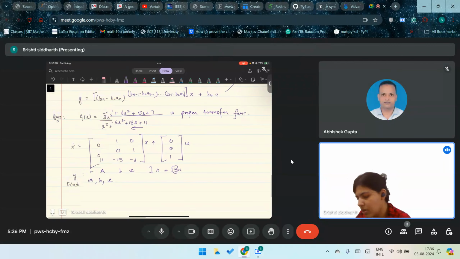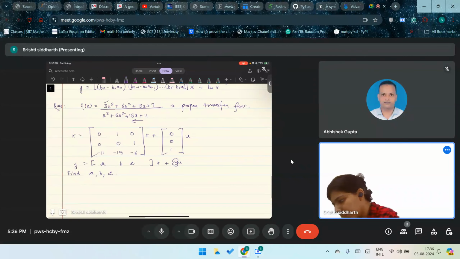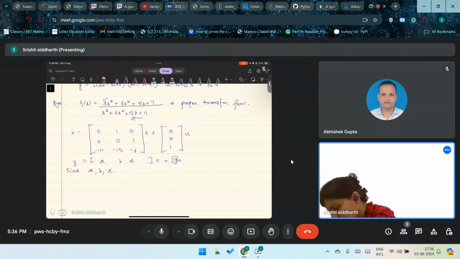So we have just seen the general formula. Let's apply. So a is going to be, let's see, it's going to be 7 minus 3 times 11. Then we would have 5 minus 3 times 15, and c is going to be 6 minus 3 times 6.